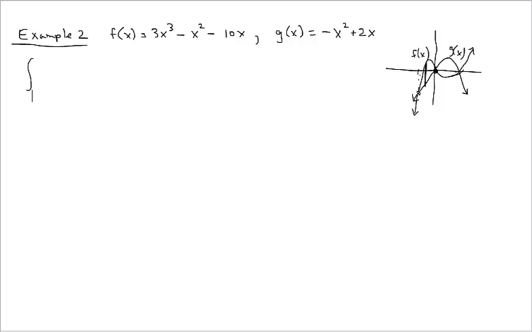The x coordinate of this point of intersection is -2. It's our lower limit. The x coordinate at which we're going to stop accumulating these rectangles, the x coordinate here, is 0. Okay, and so the top function is our cube and the bottom function is our quadratic. So it's f minus g for this bounded region.